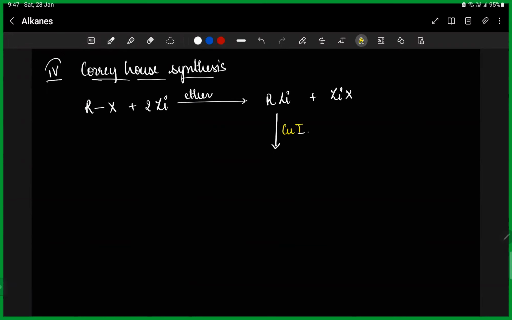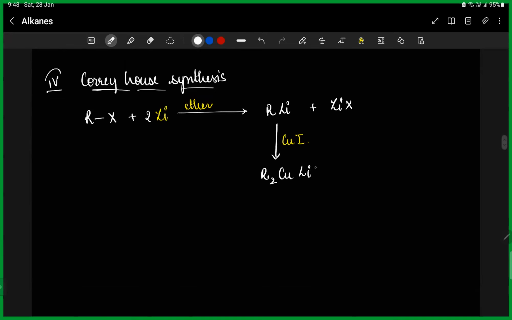This is important here. Lithium in ether, and then you are going to react it with copper iodide, and then what would be formed? R2CuLi is formed with, sorry, lithium iodide. Lithium iodide is formed.